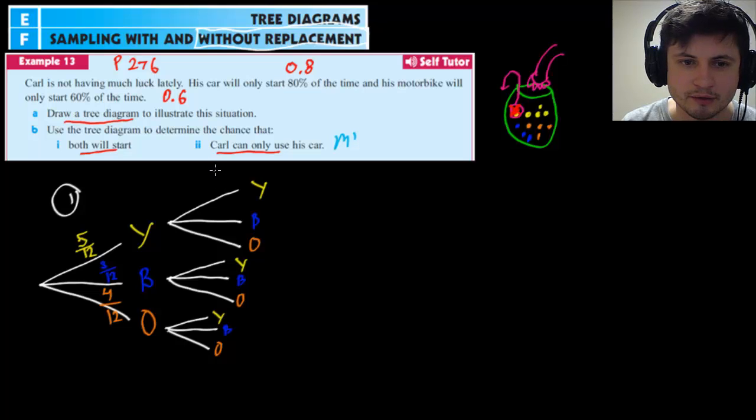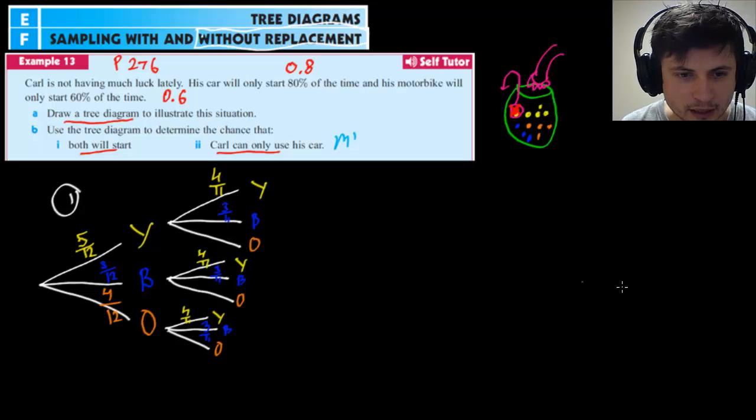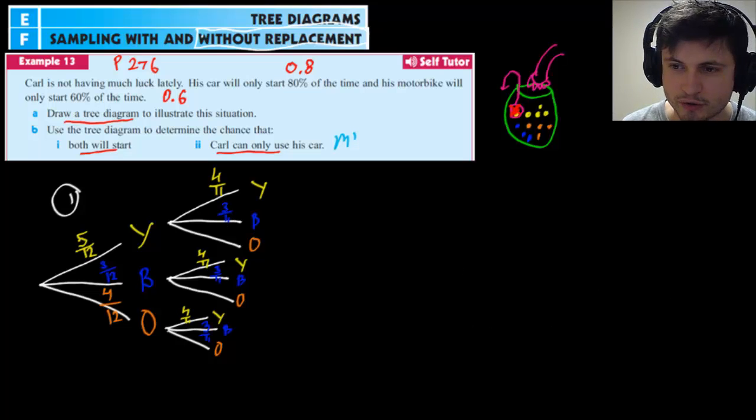So this will be 4 11ths, and same here, and same here. For blue, the total number of blues is the same, but the total number of all marbles will change, so this will become 3 11ths. I know it's kind of hard to see the blue. I should have chosen a slightly brighter color, but basically this says 3 11ths. And finally, orange is 4 11ths, so this right here will say 4 11ths.